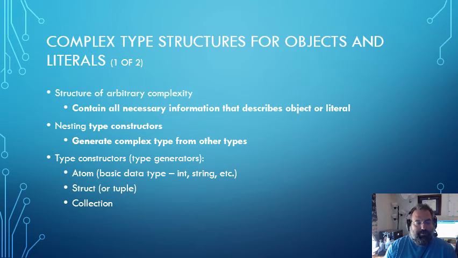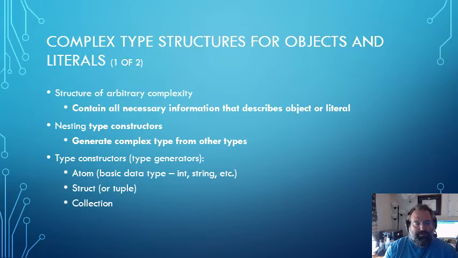You have an atomic type, or an atom, which is a basic data type such as an int, string, etc. A struct or tuple is a bit more complex, typically made up of either structs or atoms. And then you have collections, which can be a variation and combination of these various things together.